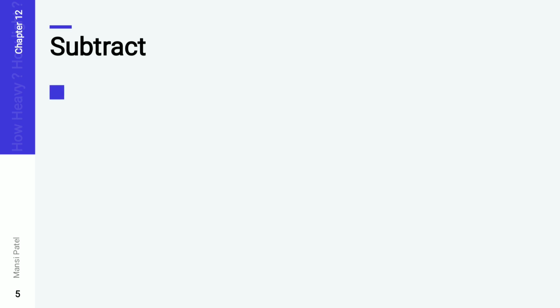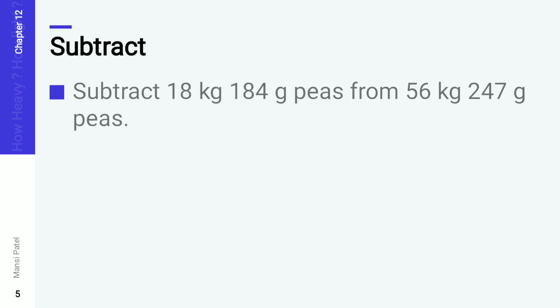In this, you have to subtract one number from another. How? Let us see. Your question is: subtract 18 kilogram and 184 gram peas from 56 kilogram and 247 gram peas.